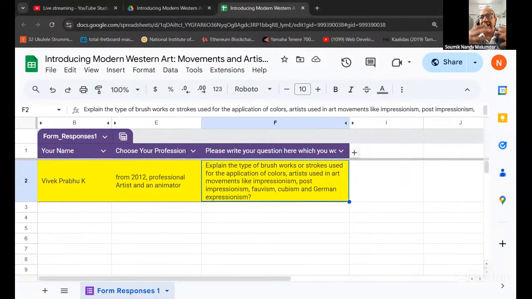So we have a long history of illusionistic painting, where the brushstrokes were applied more or less in harmony with each other, so that the blending of the color, number one, the blending of the tones, number two, and also the smooth transition from light to dark and dark to light should be ensured, so that you don't disturb the illusionistic and realistic appearance of the painted forms on your canvas.